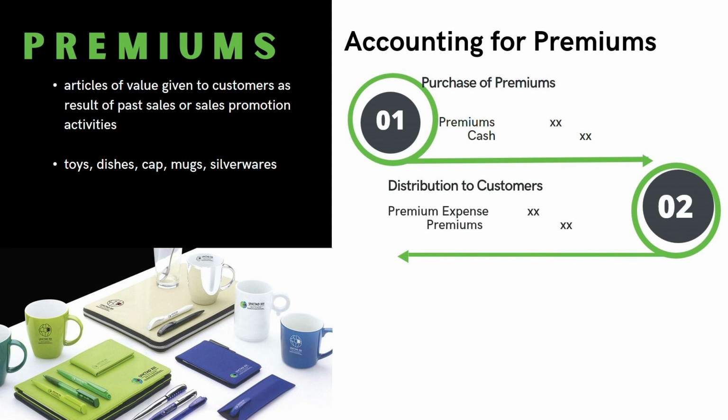As you can see here, the premiums account is your asset account. It is inventory of your premium items, which are toys, dishes, cups, or other promos. Whenever you distribute them, of course, your asset decreases. That is why you will credit it on this portion.